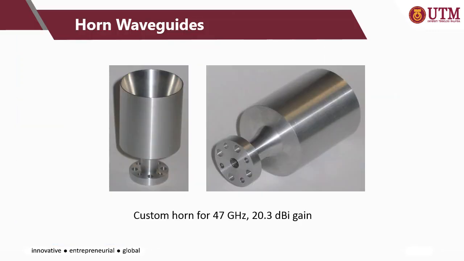Okay, so this is another example of horn waveguide. It is custom made for 47 GHz and it achieved 20.3 dBi gain.